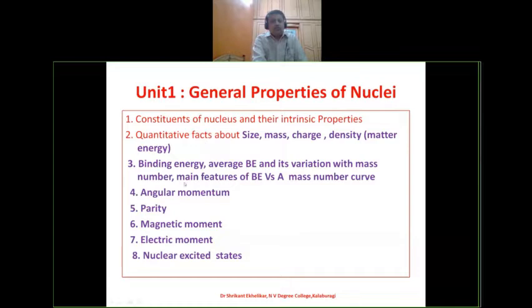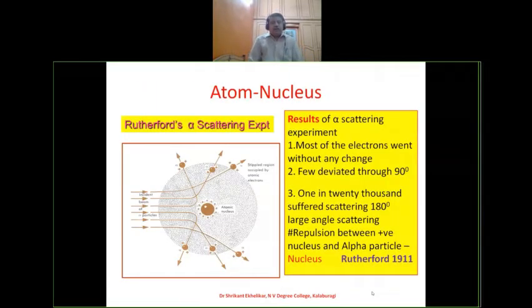So we have understood mass defect, and in today's class we will be trying to understand binding energy, and the most important is the average binding energy per nucleon against mass number curve and its main features. We will try to interpret this, and then the other properties, maybe parity, magnetic moment, angular momentum, and electric moment of the nucleus.